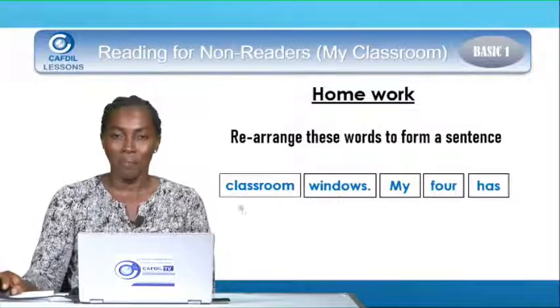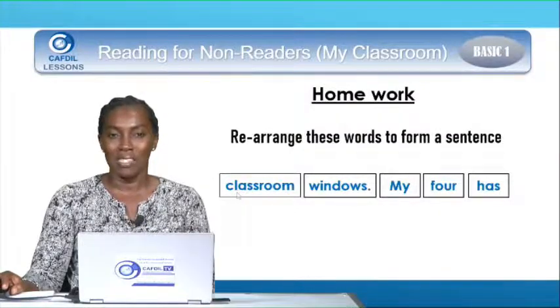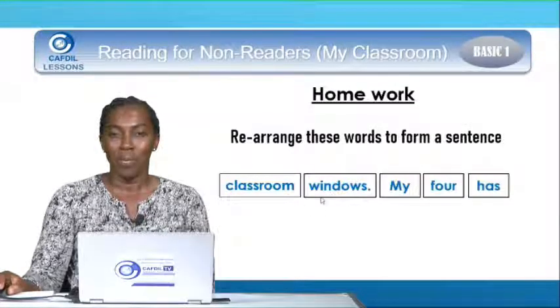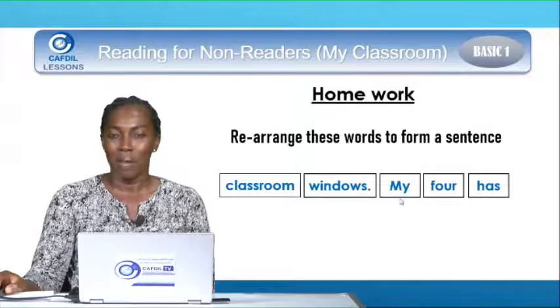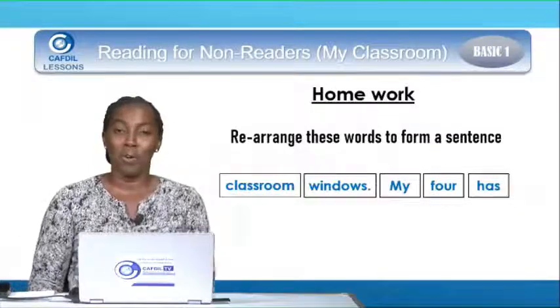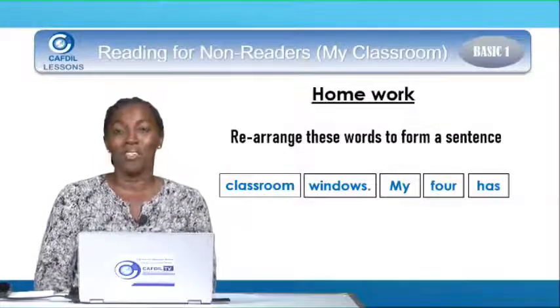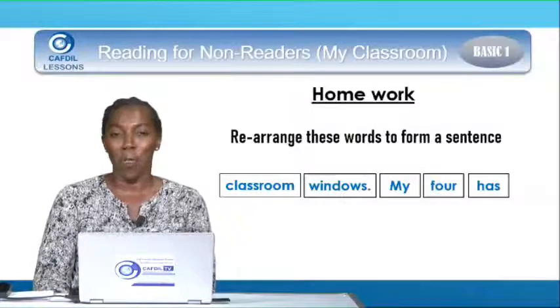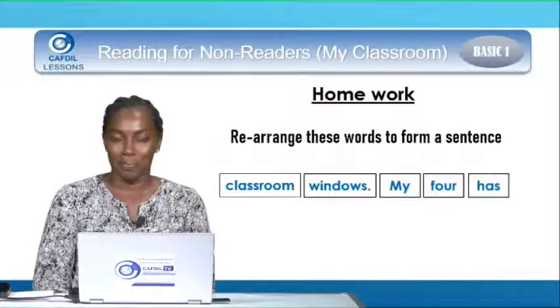The last time: classroom, windows, my, 4, has. Good. We are going to rearrange these words to form a sentence.